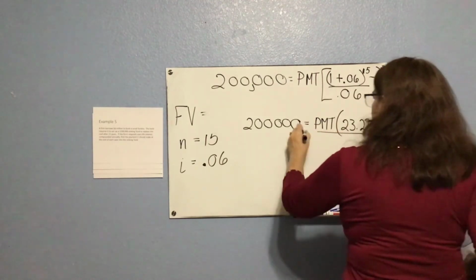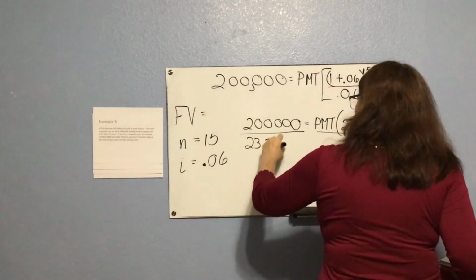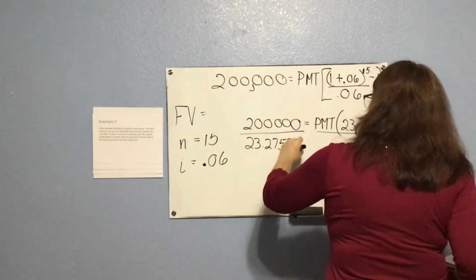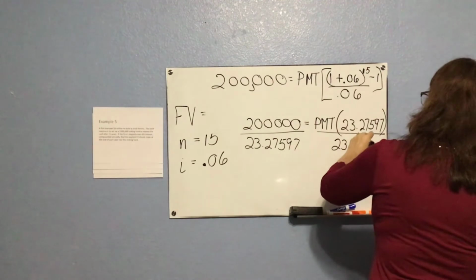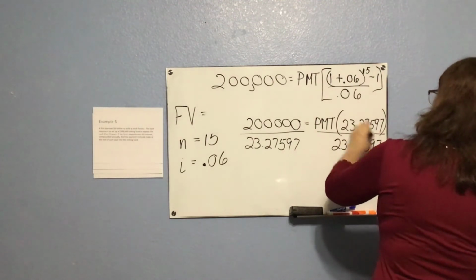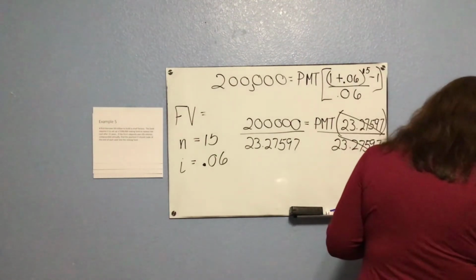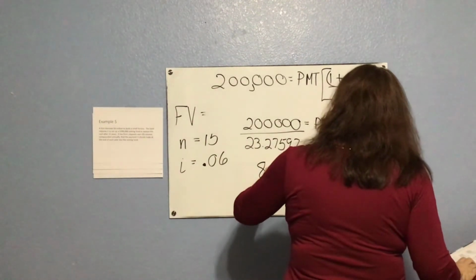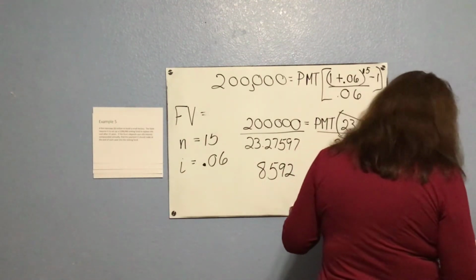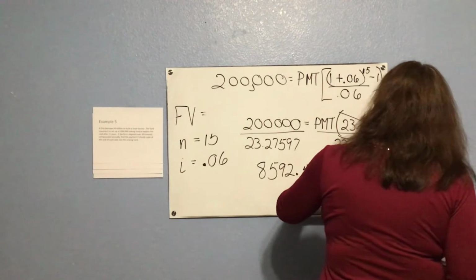So I'm going to divide by that amount. And my result is $8,592.55.